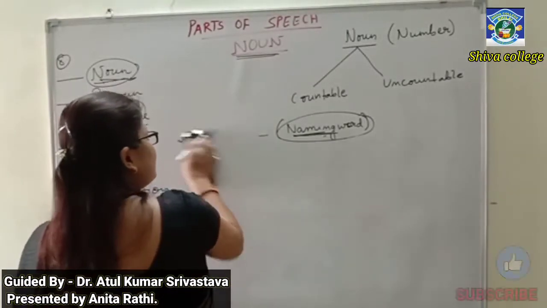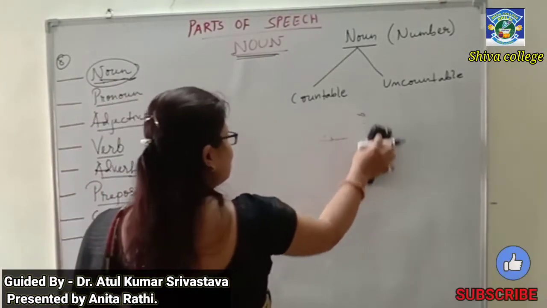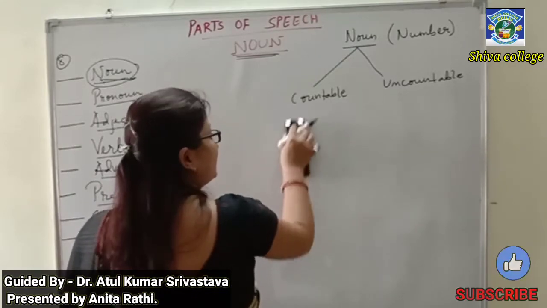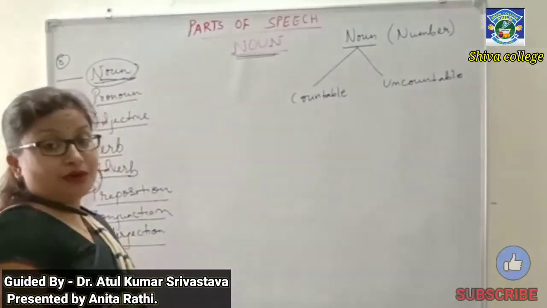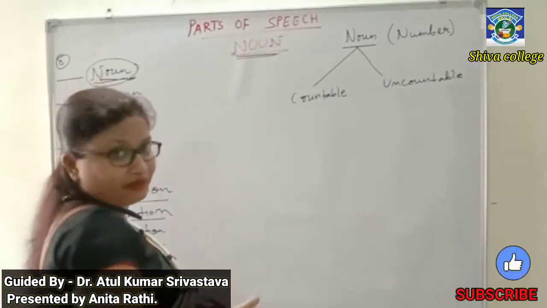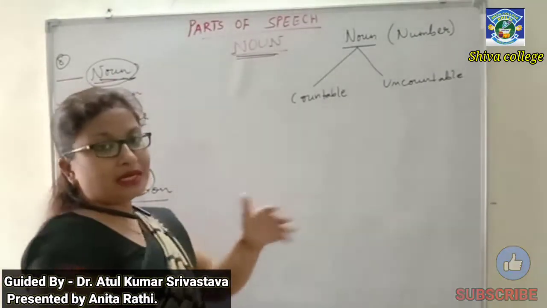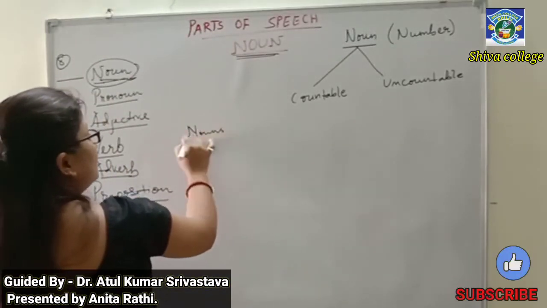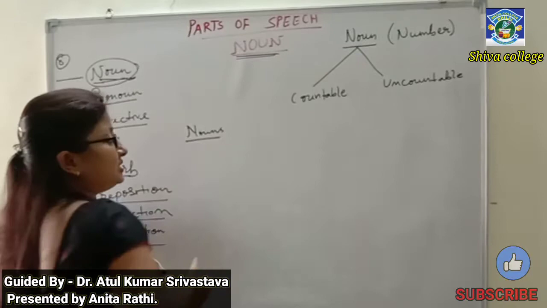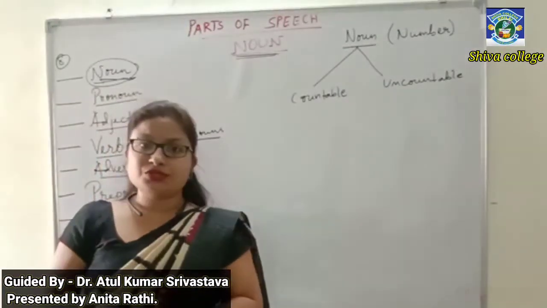Now, after the definition, let us come to its types. There are so many types of nouns. So what noun is we have done. Now we will see what the types of noun are. Nouns are divided into many types according to their use.